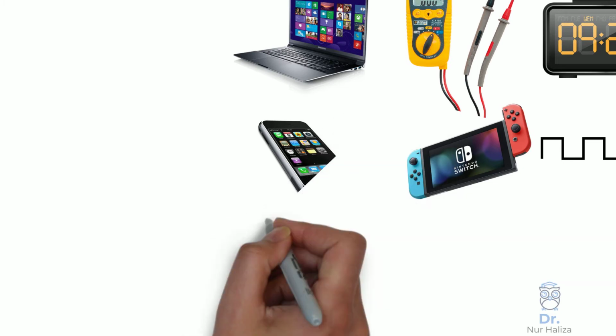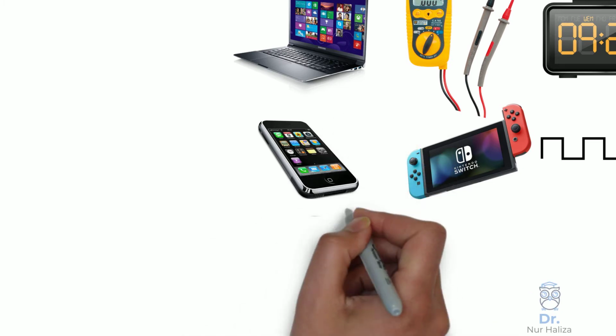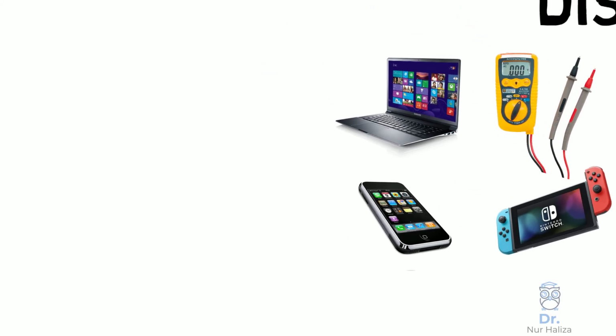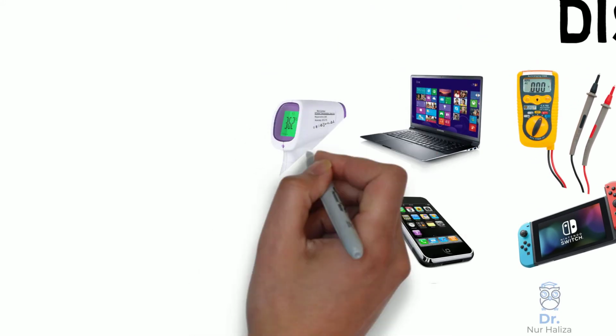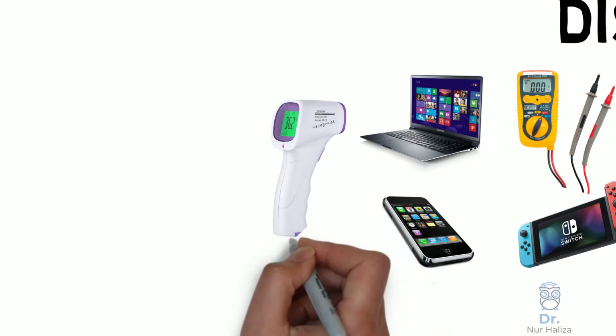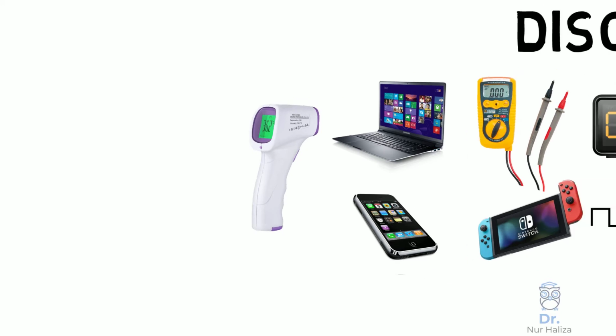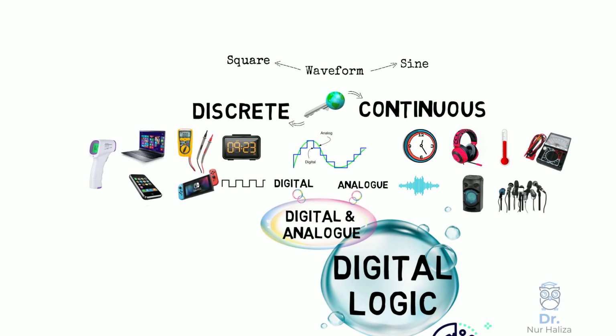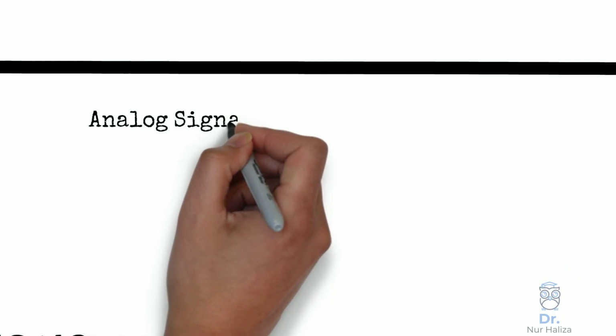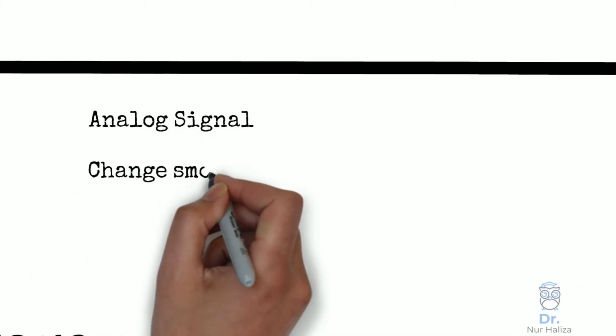And the last example is a daily device that you see currently, which is the thermometer. This one is the digital thermometer. So we can conclude with the examples of analog devices, the examples of digital devices, the key for analog which is continuous, the key for digital which is discrete, and so on.